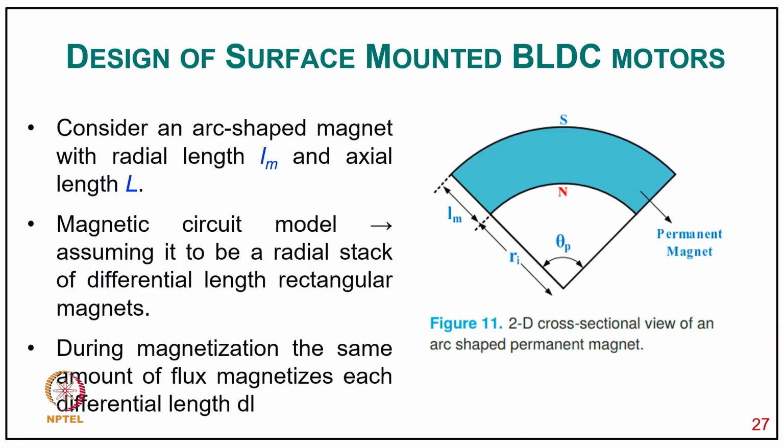So consider an arc shaped magnet with radial length L_m and axial length L, and a magnetic circuit model assuming it to be a radial stack of different length rectangular magnets, where during magnetization the same amount of flux is magnetizing each differential length dl.